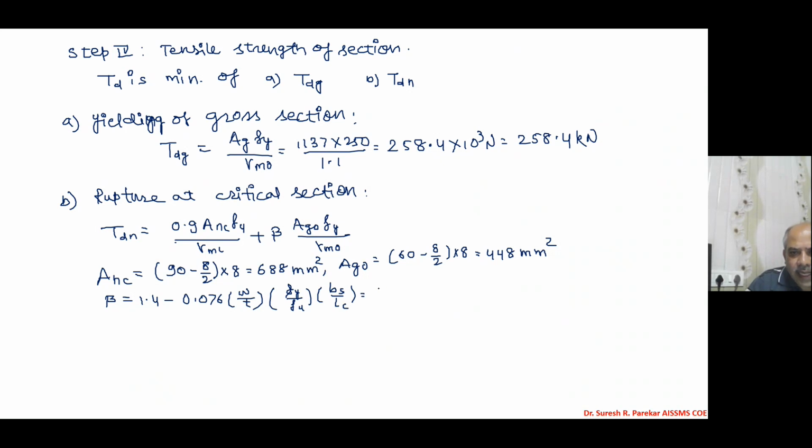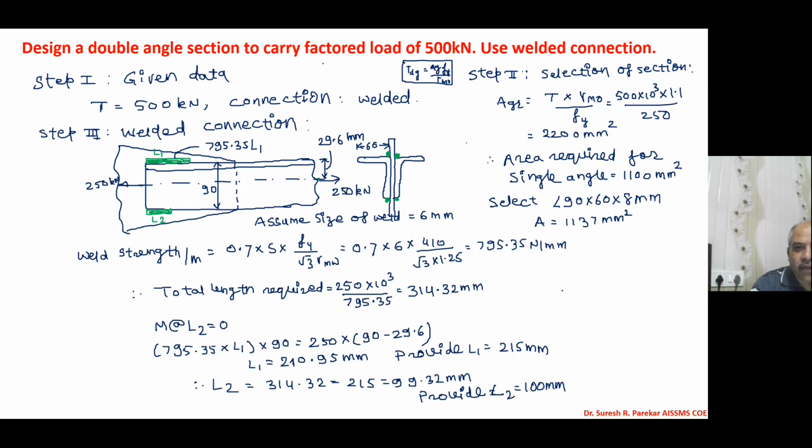We have 60 outstanding leg, thickness 8, Fy 250, Fu we have 410. Bs is equal to W because we have welded connection. So Bs equal to W, and Lc we will go minimum because we have seen minimum gives maximum value.